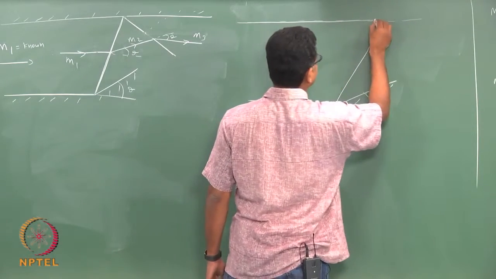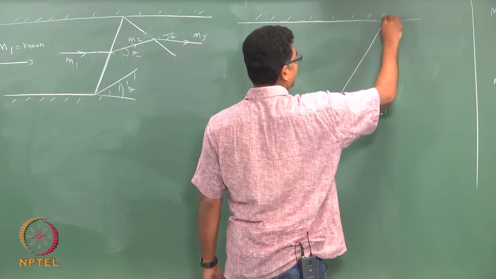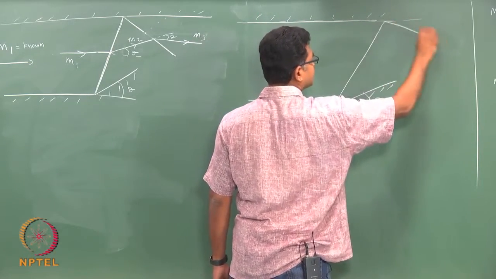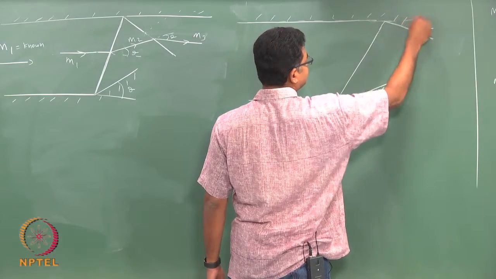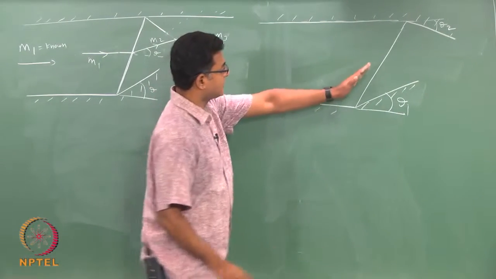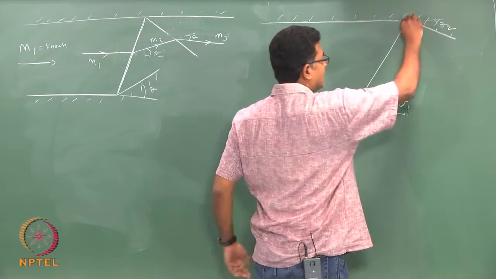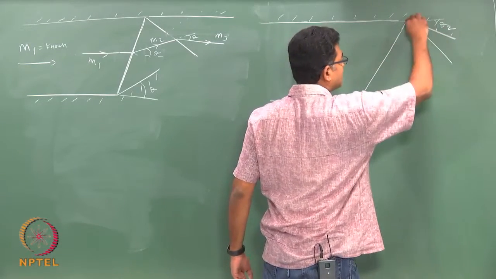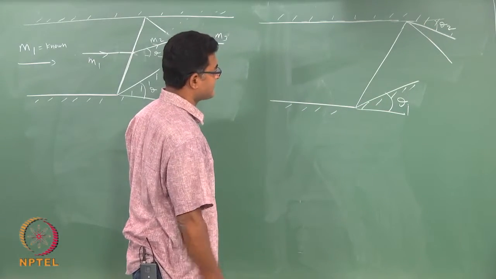So, this is a surface, and this top surface also turns by some angle theta 2. Okay. So, there is a shock that comes, and at this point itself the surface turns, and because of which there is another shock wave that is here.